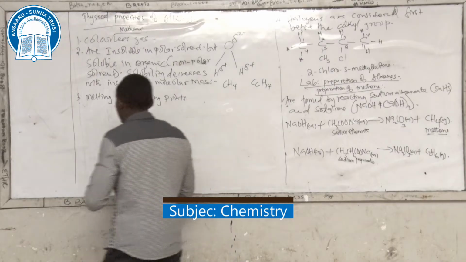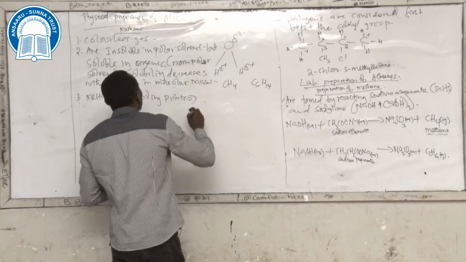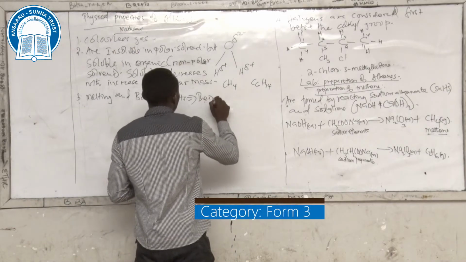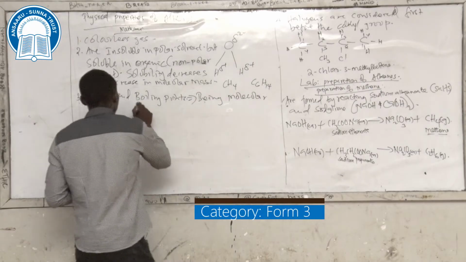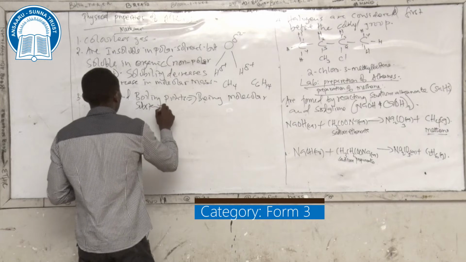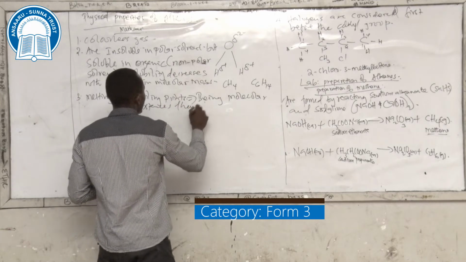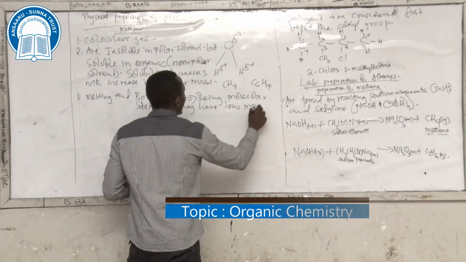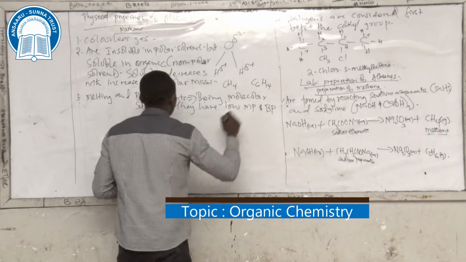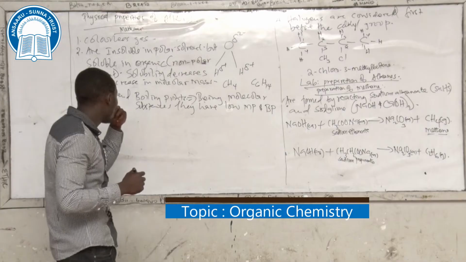So we say that, being molecular substances, they have low melting and boiling points.